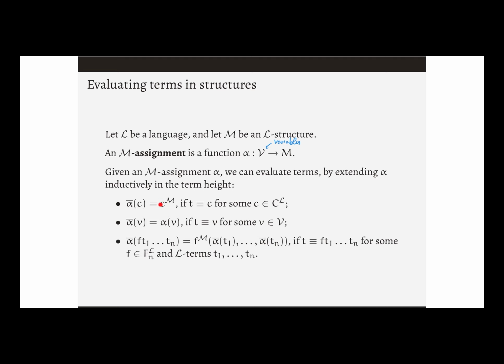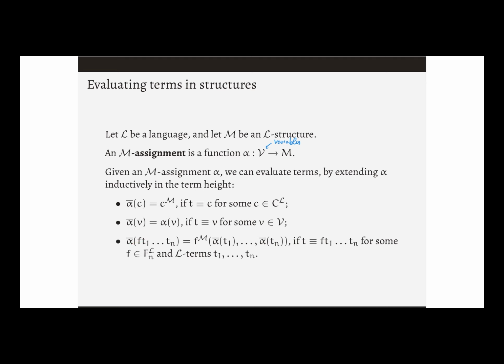Similarly, if our term is just a constant symbol, then we already have a value for that constant symbol by the definition of a structure, because the structure has to interpret that constant symbol. So there we just use that interpretation of the constant symbol in the structure as our value for alpha bar.